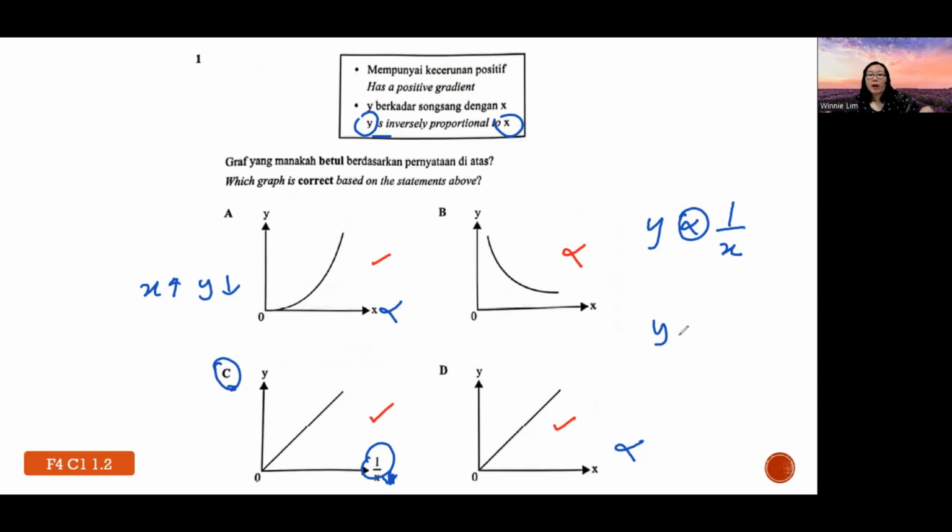Or I can read this symbol if I include the 1 over as well, then it becomes inversely proportional, so you have y inversely proportional to x. That's why C is the correct answer. B would be acceptable provided your graph is the other way around, so it cannot be. This is an inversely proportional graph. This statement is true for the second statement, but not the first statement.